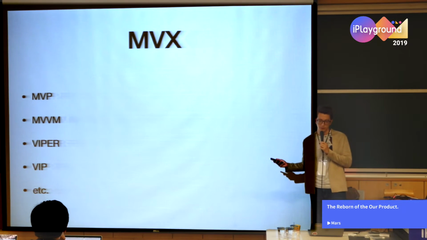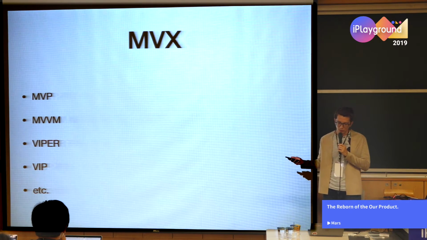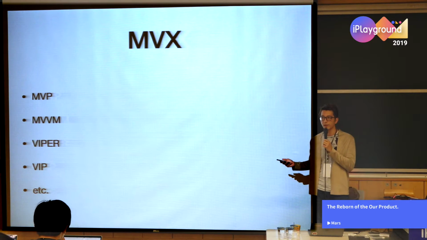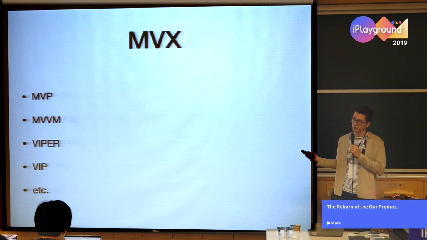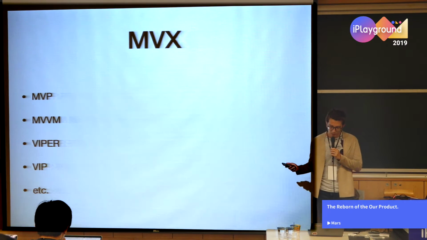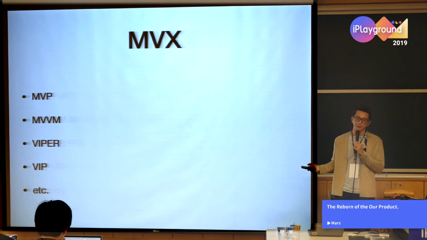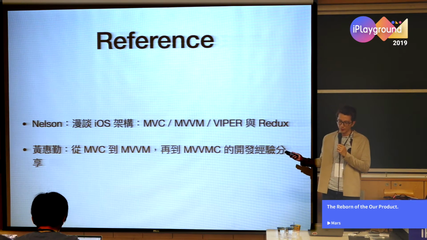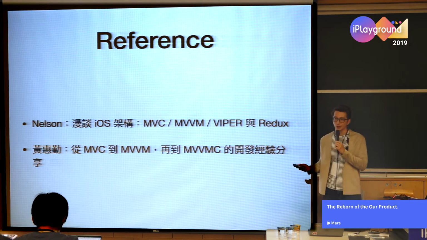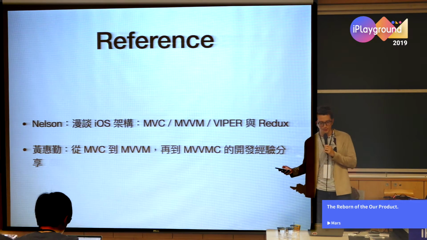Like most things in programming, there are no silver bullets when it comes to designing an architecture. So how could we choose the best architecture for it? And also avoid the annoying massive view controller issue at the same time. About the detailed MVC design pattern, please refer to the following sessions, including Nelson and Andrew's sessions.